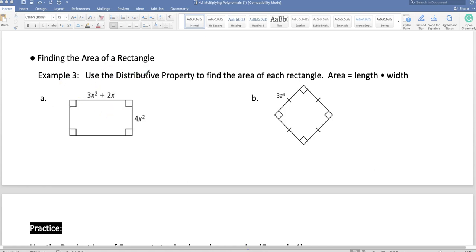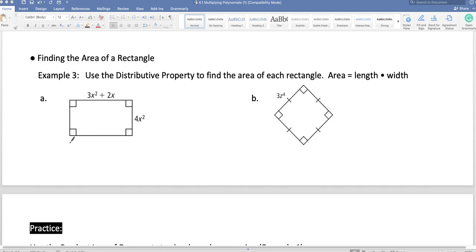Okay. Use the distributive property to find the area of each rectangle. Area is equal to length times width. Traditionally, this is the long side, so this would be the length. And this is a short side, so it would be width. But I'm going to want this monomial in front. And the commutative property says that I can do that because I'm using nothing but multiplication.